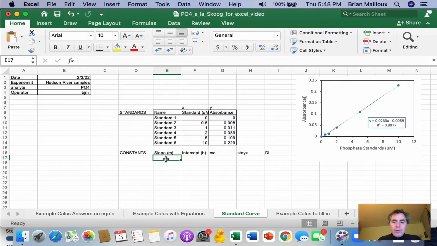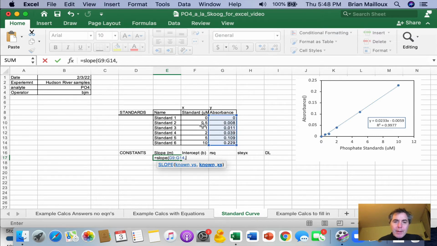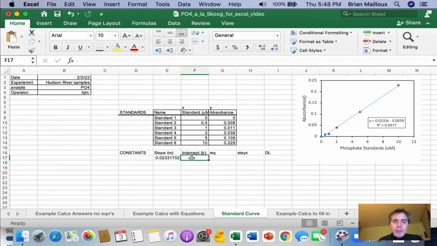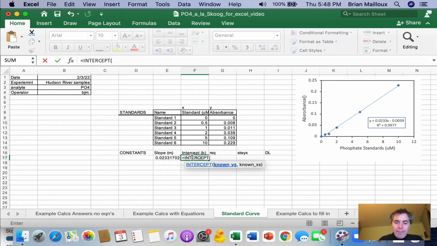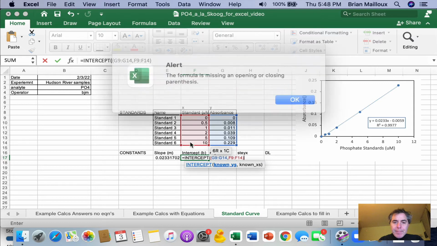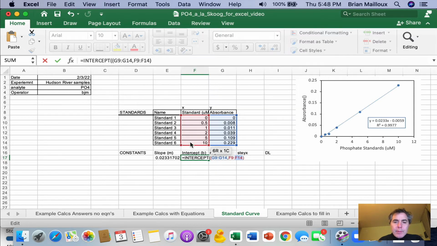So now the slope, there's a function, equals slope, known y's, comma, known x's, close. You can do intercept equals intercept, known y's, comma, known x's. I put an extra parenthesis by accident.